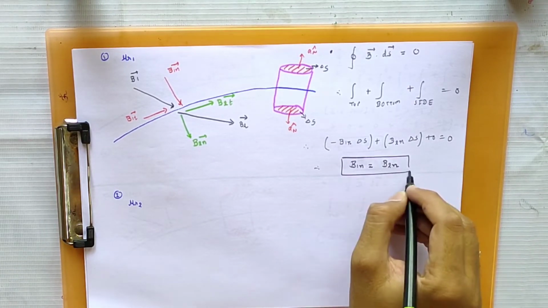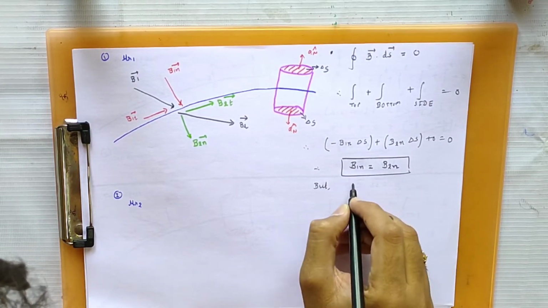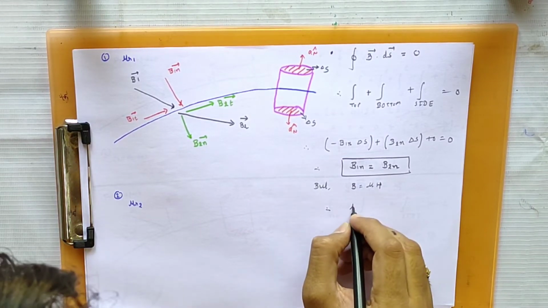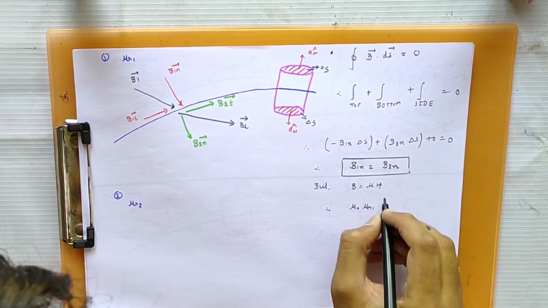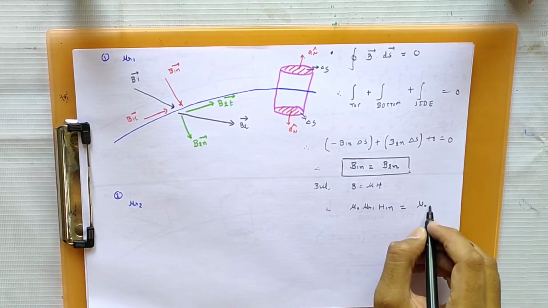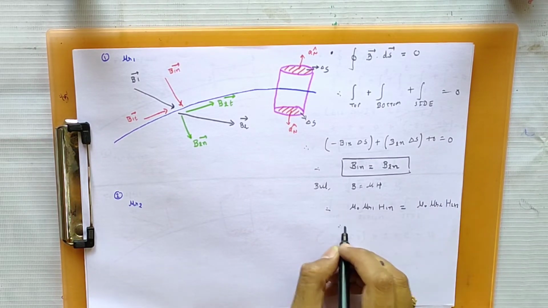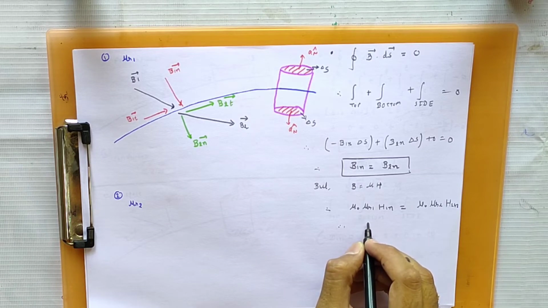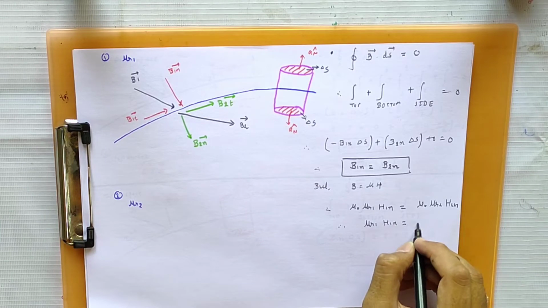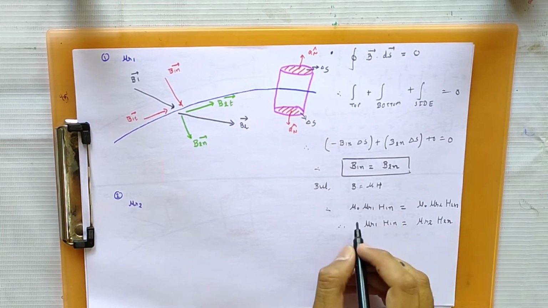So the normal components of magnetic flux density are the same, but b is equal to mu h. Putting it in: mu 0 mu r1 h1n is equal to mu 0 mu r2 h2n. Mu 0 cancels out, so mu r1 h1n is equal to mu r2 h2n.